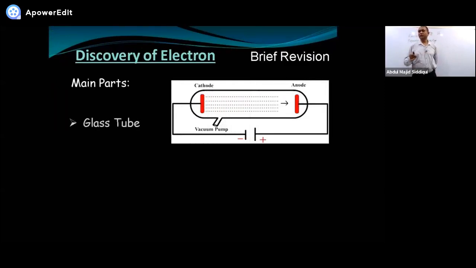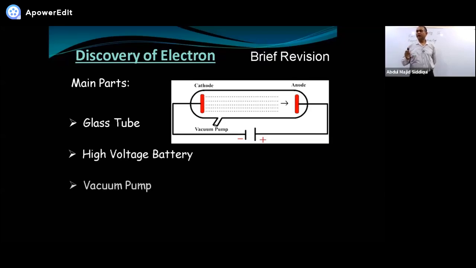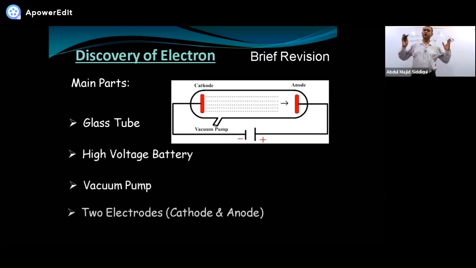In the Crookes tube, J.J. Thomson took a glass tube and fitted two metallic plates inside the tube, one on the left and one on the right. One plate is connected with the positive side of the battery, this is called the anode, and the other is connected with the negative side, this is called the cathode. And he also connected a vacuum pump.